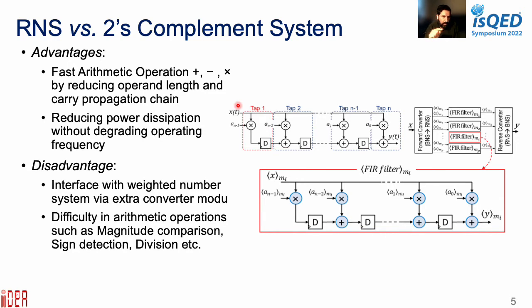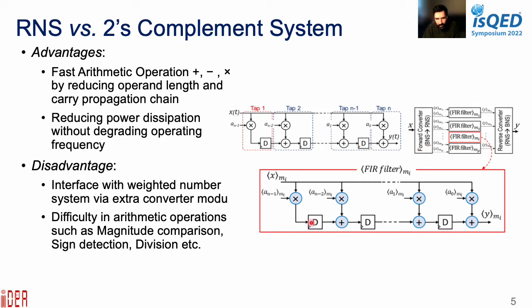But unlike the arithmetic operations, there are some operations referred to as intermodular operations, like reverse conversion, sign identification, magnitude comparison, scaling, etc., which cannot be performed in parallel. It means despite the fantastic benefit of RNS, it faces some overhead for interfacing with a binary weighted number system by employing the forward and reverse converter. This figure shows a very simple conventional FIR filter in transposed form.